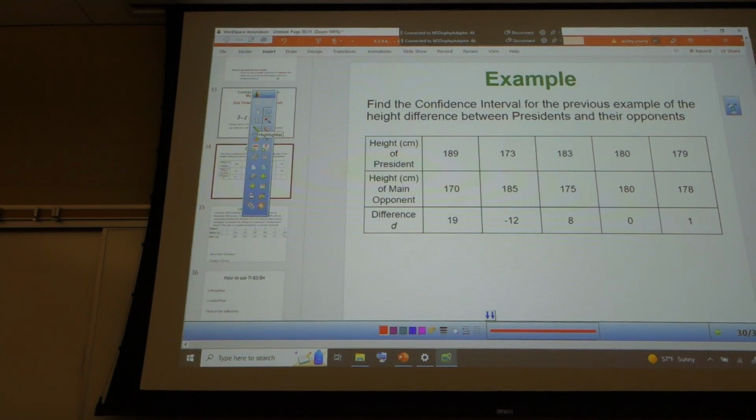Well, that was quick. So for this one, again, we're doing a one sample t-interval on this. So I do t-interval of L1, 1, .95.